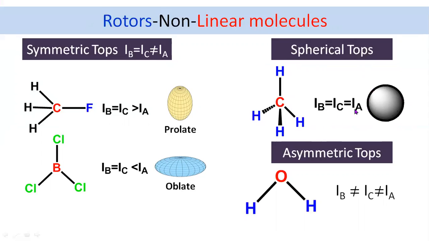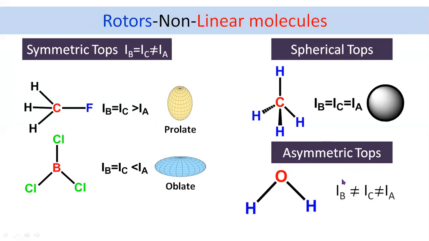So this is the condition for a spherical rotor. Usually you will not get questions based on spherical rotors because everything is the same and there is no confusion. The confusion comes here. Another type of molecule is the asymmetric top. In an asymmetric top, all three moments of inertia are not equal.